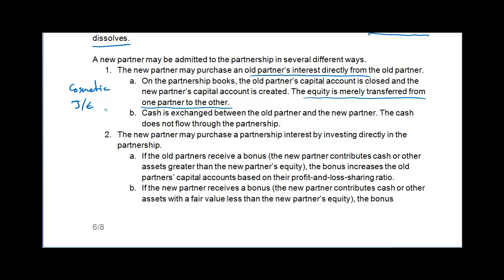Do they get exactly the cash amount that they bring in, or do they receive a greater or a lesser amount of equity in the business? It's quite possible that the business itself is now worth more than the book value of the equity in the business, right? Maybe they've started to make a bunch of money.